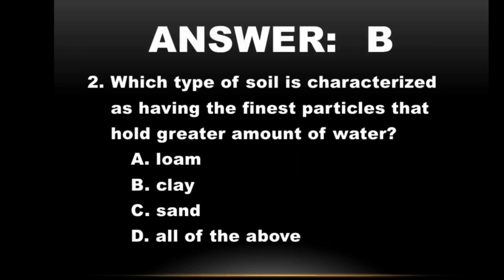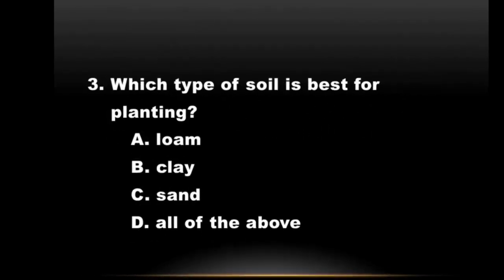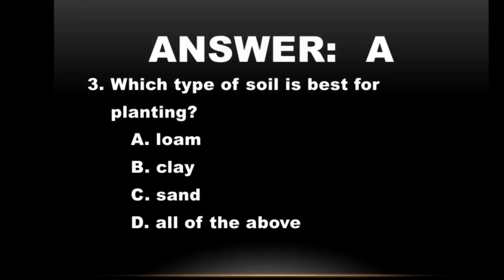The correct answer is letter B. Number 3. Which type of soil is best for planting? A. Loam, B. Clay, C. Sand, D. All of the above. The correct answer is letter A.